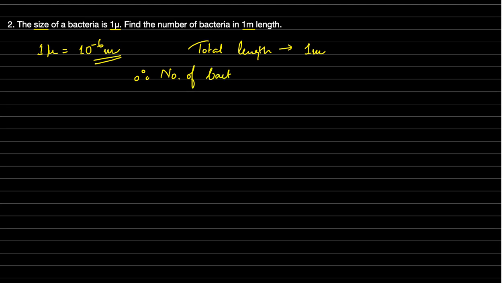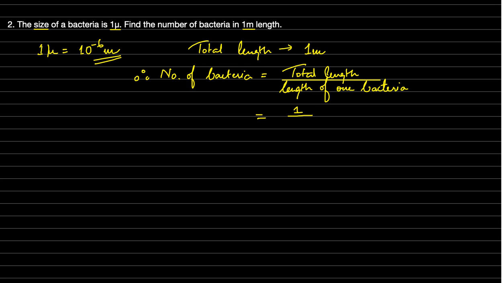Therefore we can write number of bacteria is equal to total length divided by length of one bacteria. So now we can write the total length as 1 meter divided by the length of one bacteria.